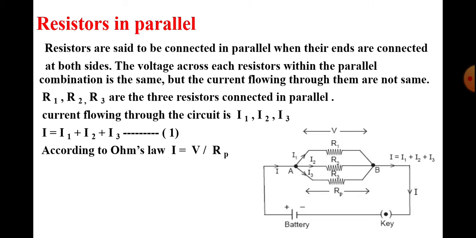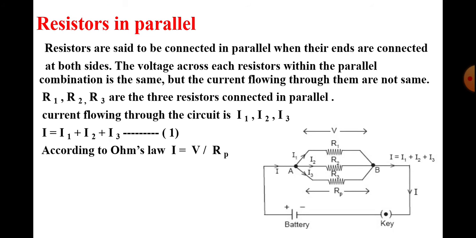Resistors in parallel. Resistors are said to be connected in parallel when their ends are connected at both sides. The voltage across each resistor within the parallel combination is the same, but the currents flowing through them are not the same.